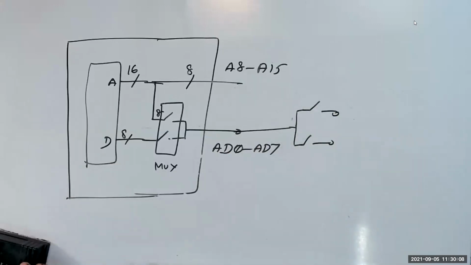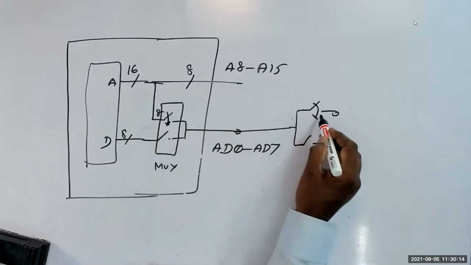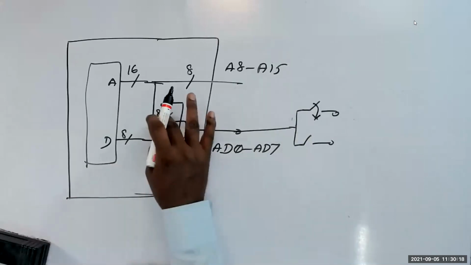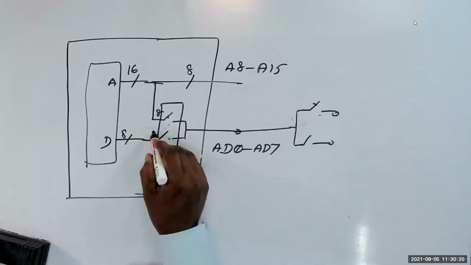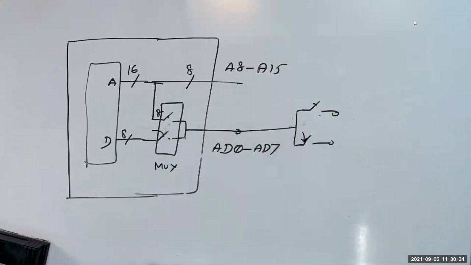Okay, see here. When I on the switch, this should be on. When I off the switch, both are off. When I on the switch, this should be on. Am I right?